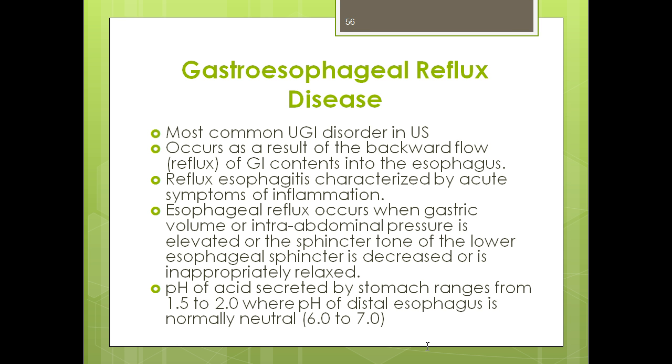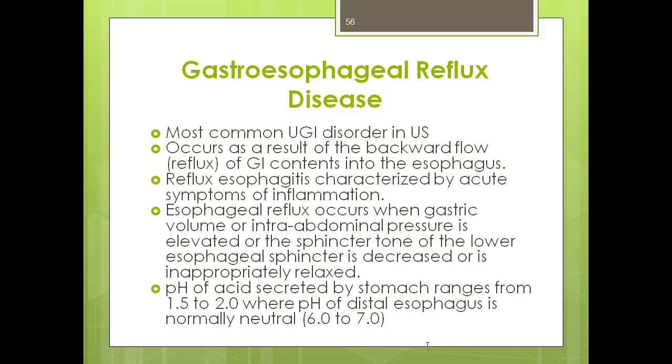I've seen that asked on the exam, so know that when it occurs, gastric volume or intra-abdominal pressure is elevated, or the sphincter tone of the lower esophageal sphincter is decreased or inappropriately relaxed. That would be a good thing to realize as it relates to GERD.